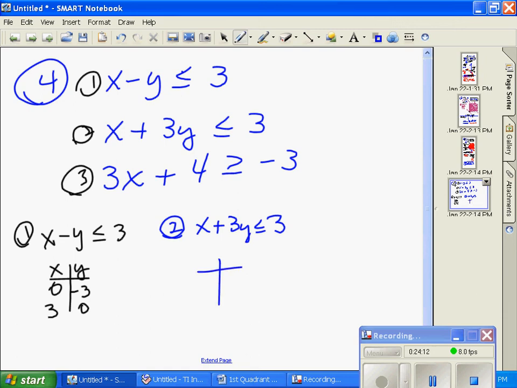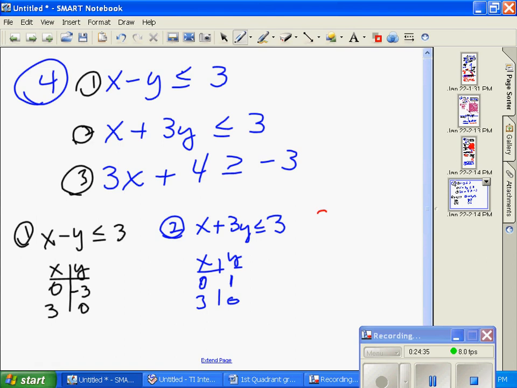And so I just do my ordered pairs. If I plug 0 in for x, I get 3y equal to 3, so therefore y is 1. Plug 0 in for y, I get x to be 3.